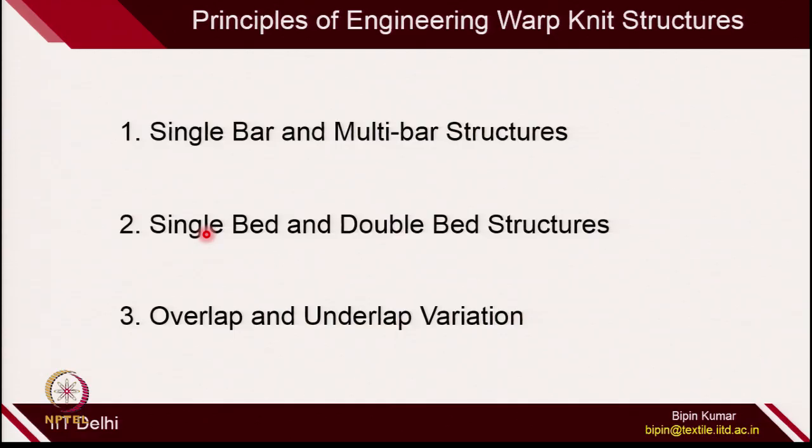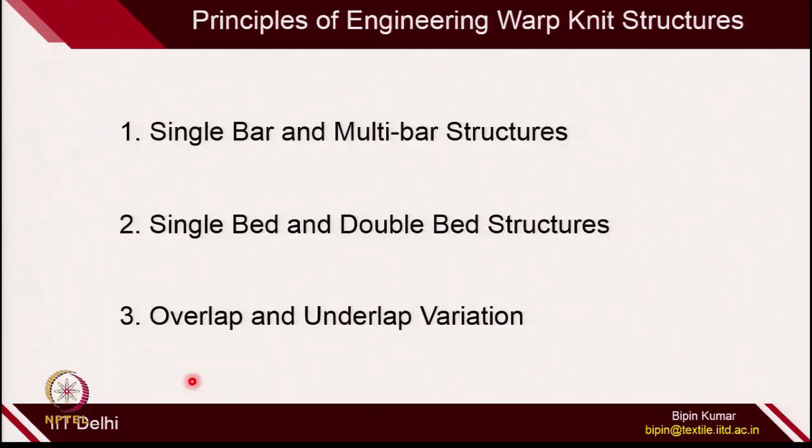The other possibility is whether you are using one needle bed or 2 needle beds. Whatever structures I have shown to you so far are single bed structures where one needle bed was used and multiple guide bars were providing yarn to the needles.